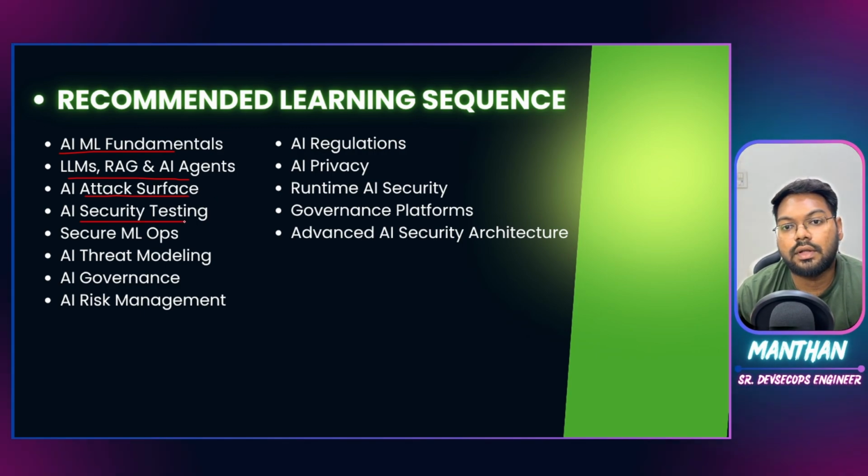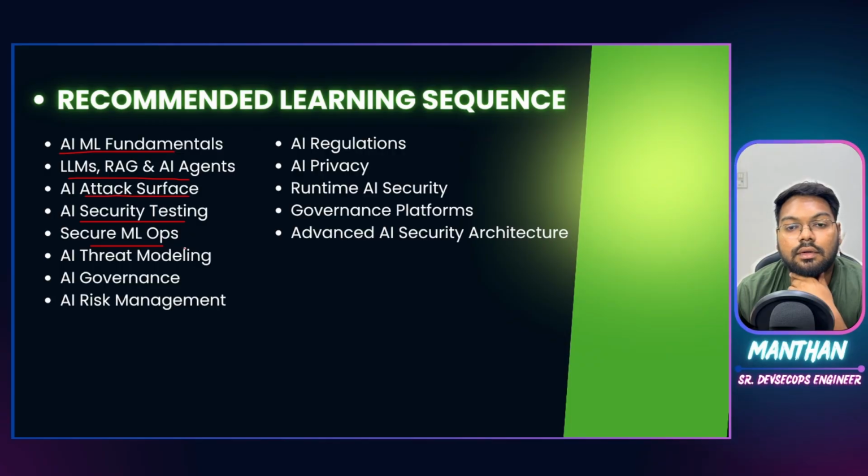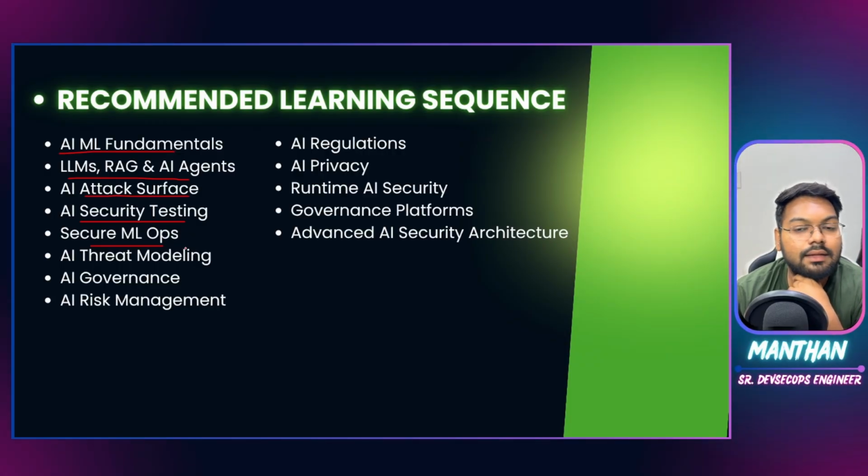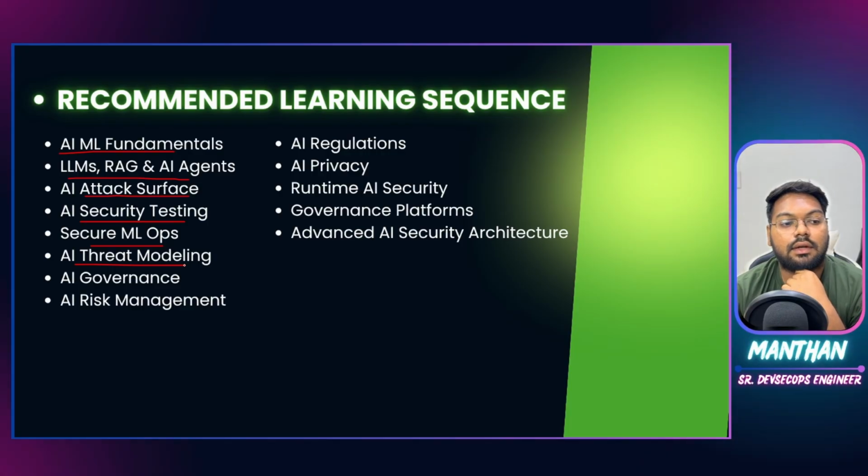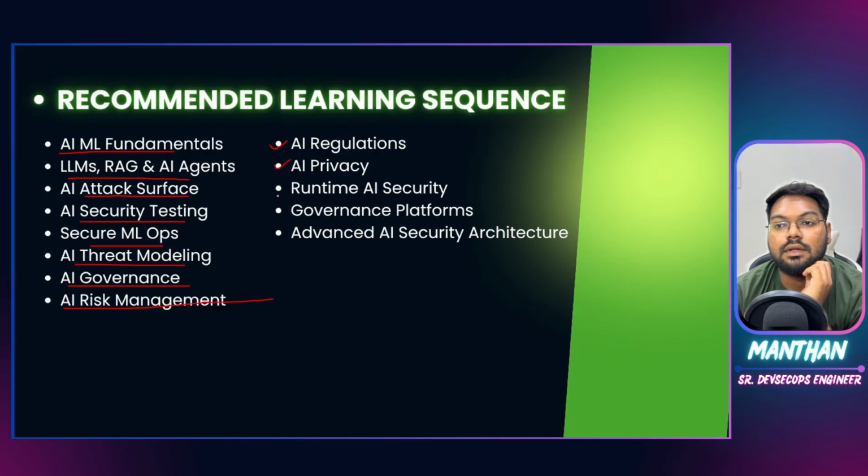Then you need to securely test your AI applications and models, and then go with a secure ML operations pipeline. Then do threat modeling for your entire architecture, the data set, and the pieces of your AI application. Then do AI governance and risk management, then regulations and privacy.